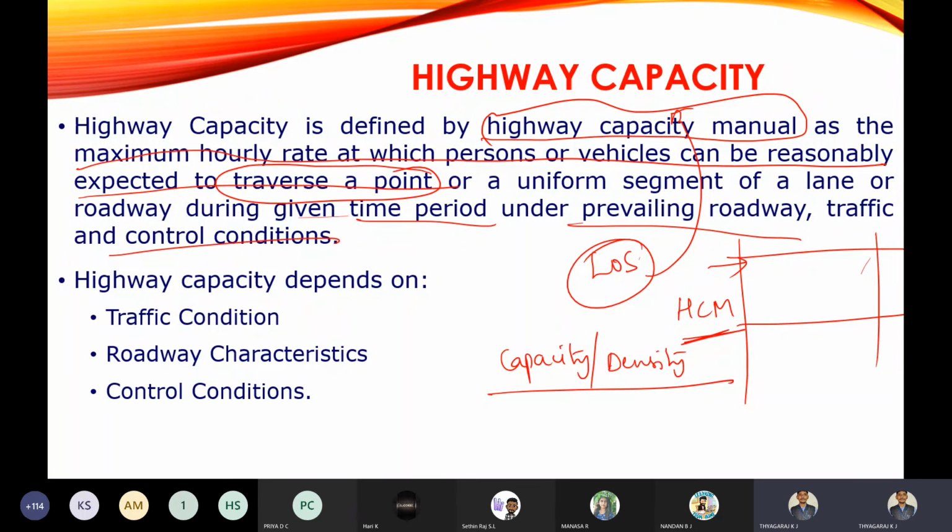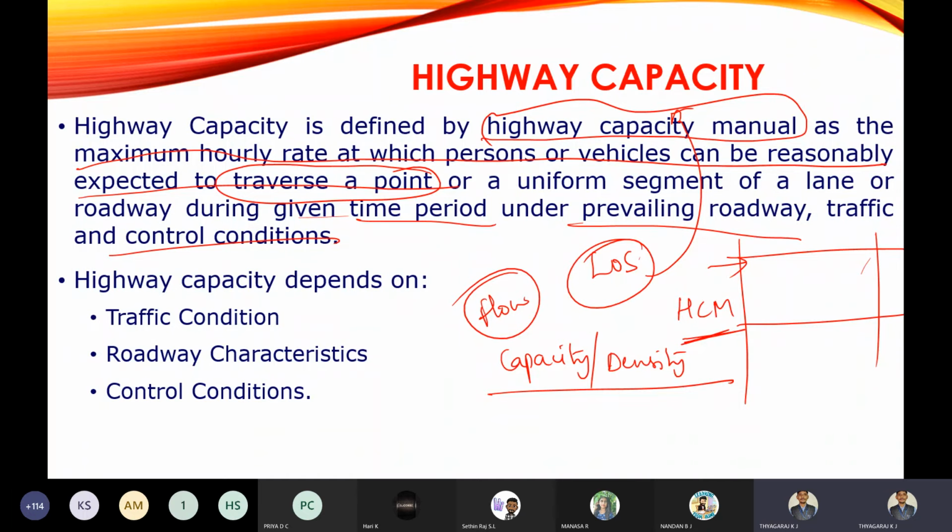Remember, capacity means either density or flow, that is volume. Flow or volume is the number of vehicles per given unit time.